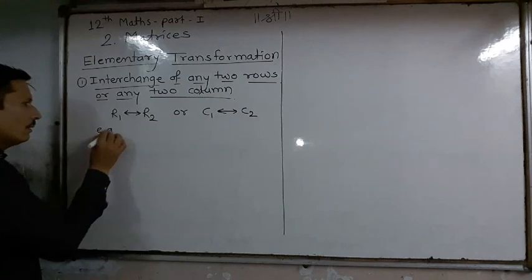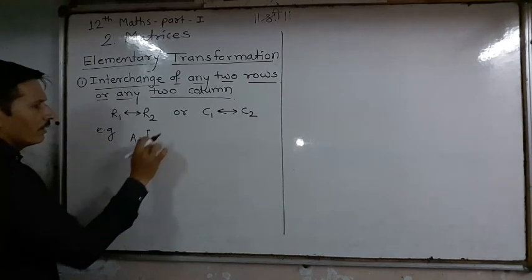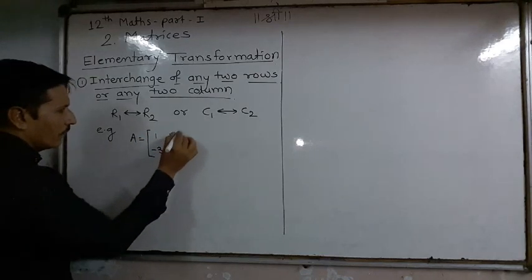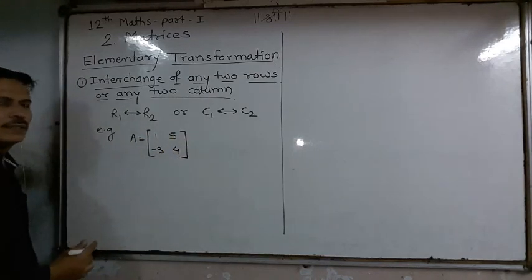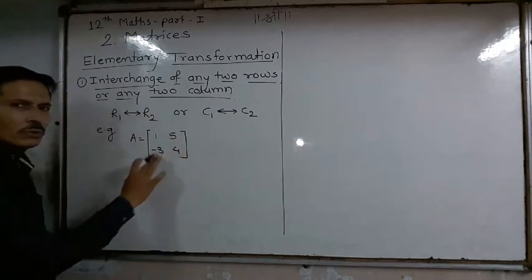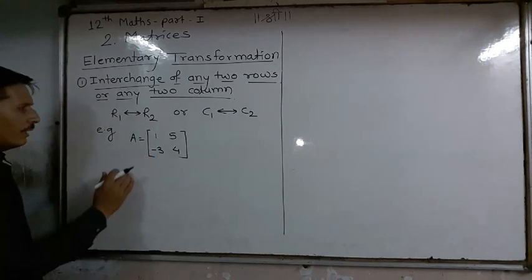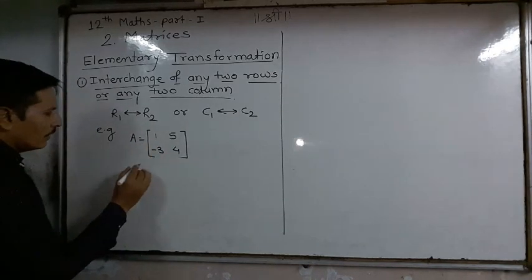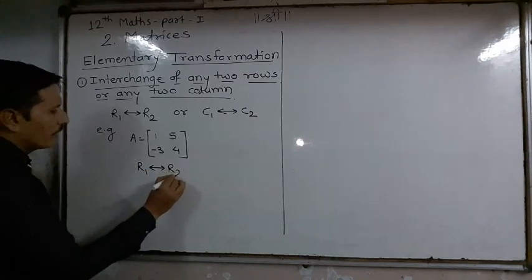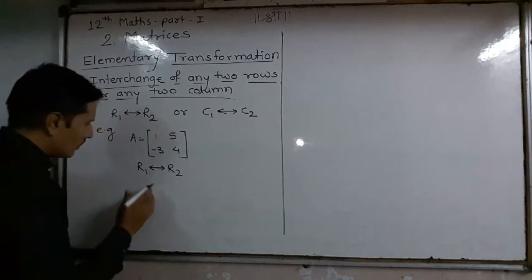For example, take matrix A as [1, 5; −3, 4]. This is a matrix of order 2 by 2, that means 2 rows and 2 columns. Now if we apply R1 ↔ R2 on this matrix, the first and second rows are interchanged.